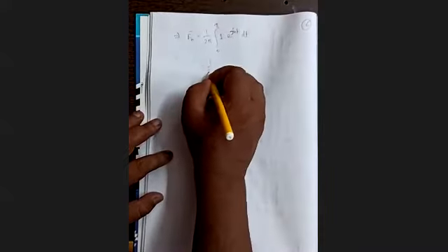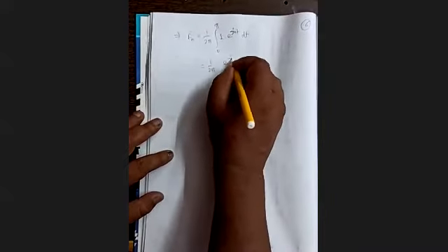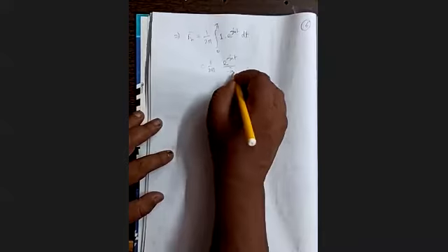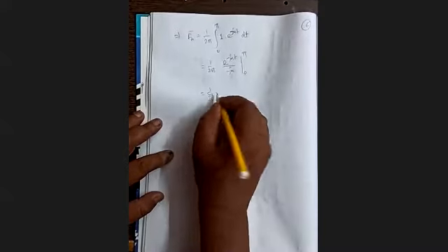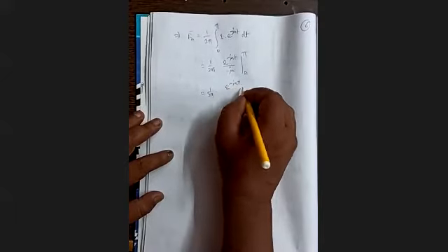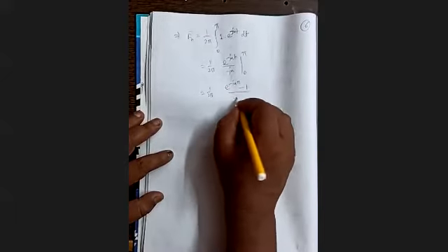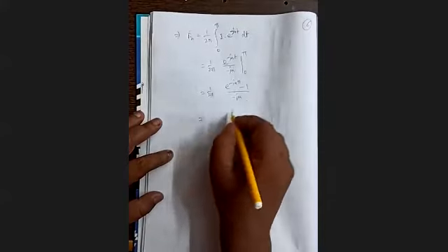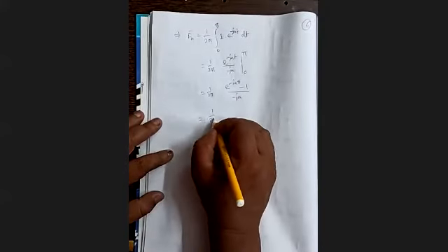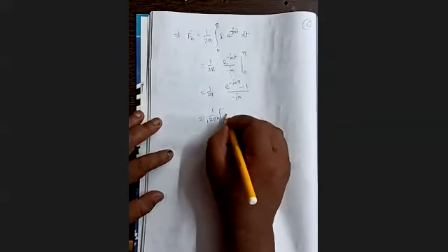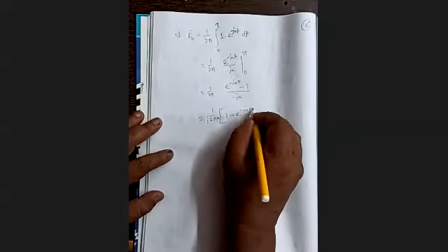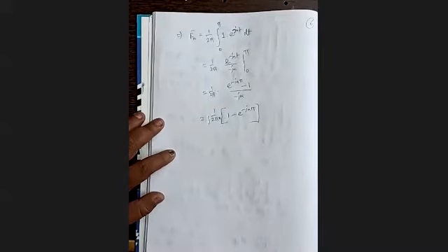So integrate it: e to the power minus jn t by minus jn, from 0 to pi. So e to the power minus jn pi minus e to the power 0, which is 1. Just we are evaluating it. Or 1 by 2 pi, j 2 pi n, I am writing it. So 1 minus e to the power minus jn pi. That is our Fn bar.